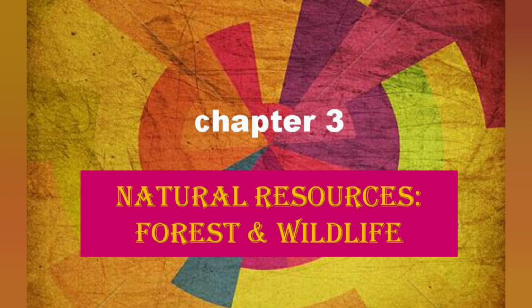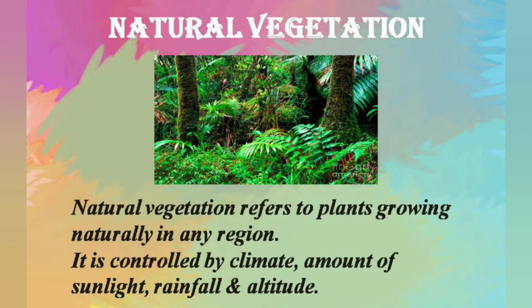The first biotic resource is natural vegetation. You may have observed different types of trees, bushes, grass, thorny plants scattered everywhere in your surroundings. These plants and bushes are not only found in your city or country, but they are also found all over the world.